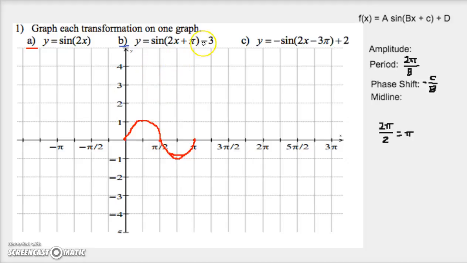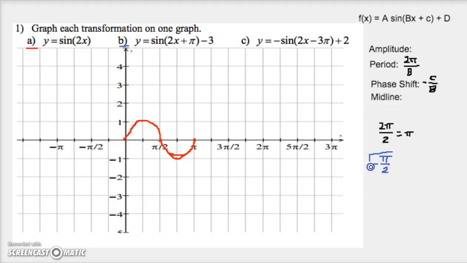Now, what's different here? You can see that there's a phase shift, which means that the sinusoidal graph moves to the left because it's positive. Now, we can't just say it moves to negative pi because we have to take into account the period. So let's use this formula, which would be negative c, which is pi, negative pi over 2.